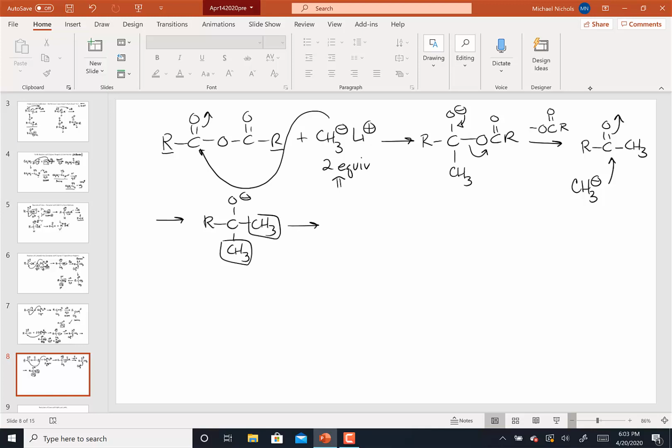And then it just waits to be protonated by the H plus H2O to form the tertiary alcohol.